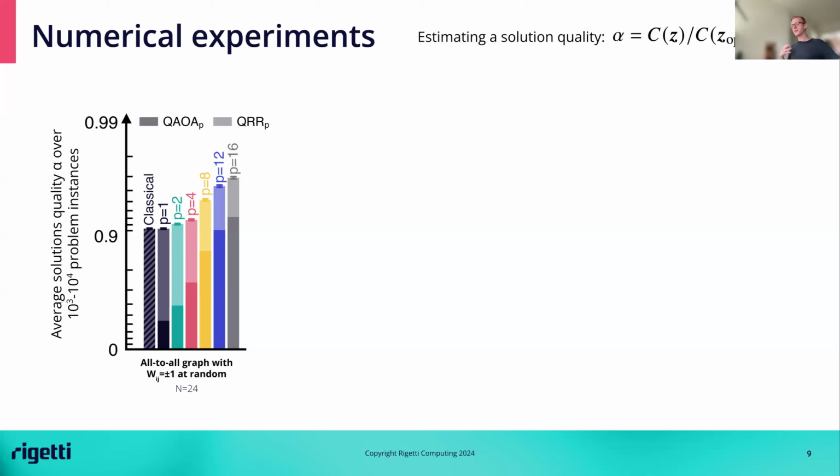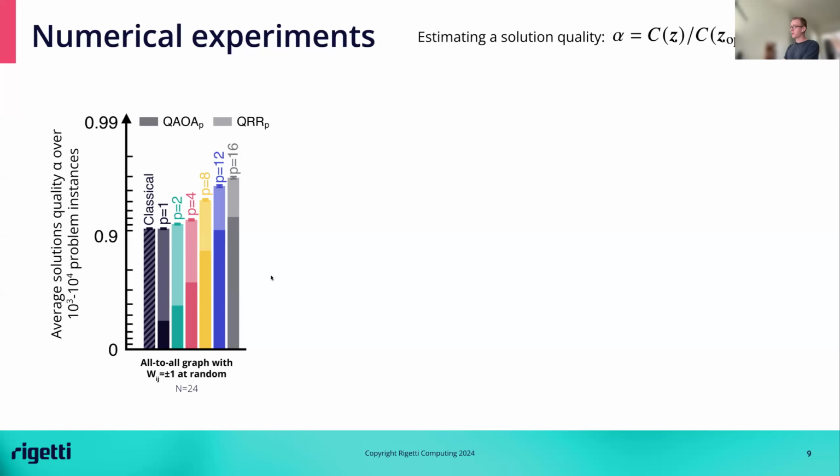And this is the performance of the QAOA with p layers. And so we observe that the quantum relax and run based on the QAOA with p layers performs better than the raw QAOA, while in the end, we just use the same information because for the relax and run step, we just use data from the QAOA.